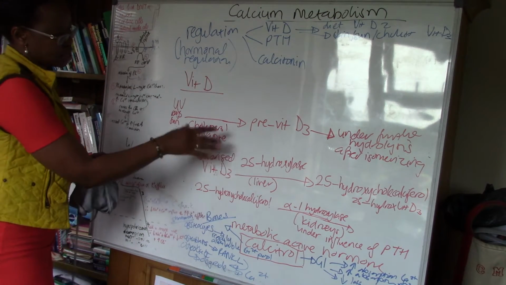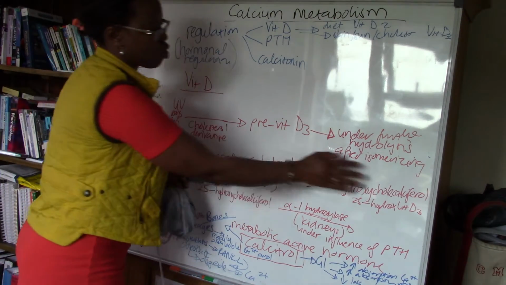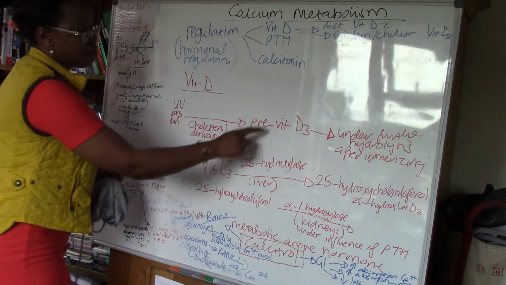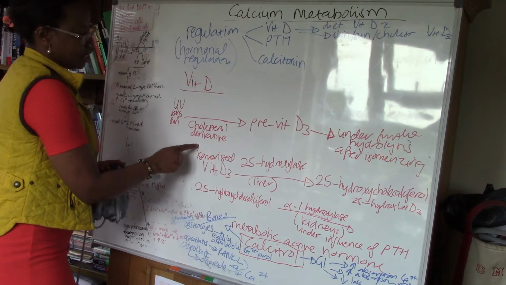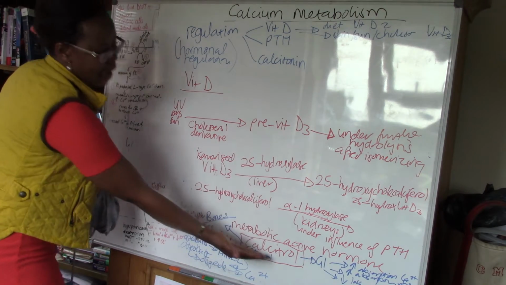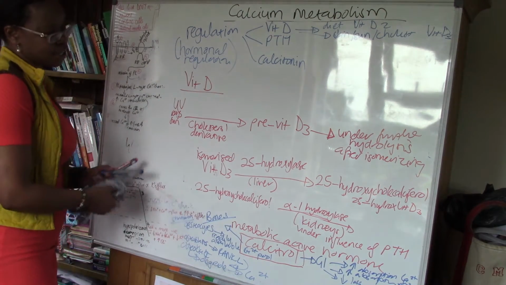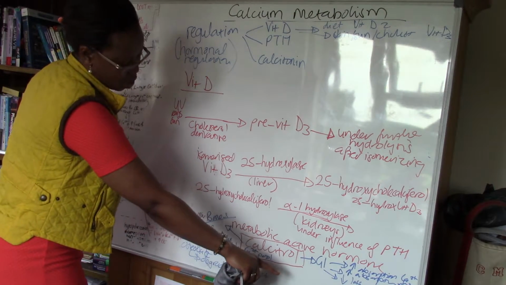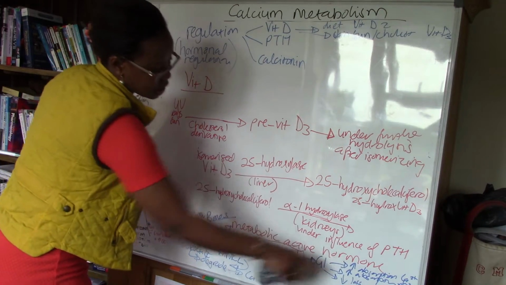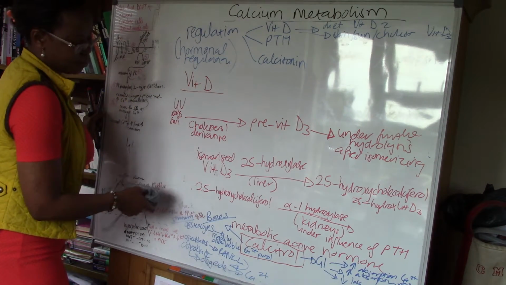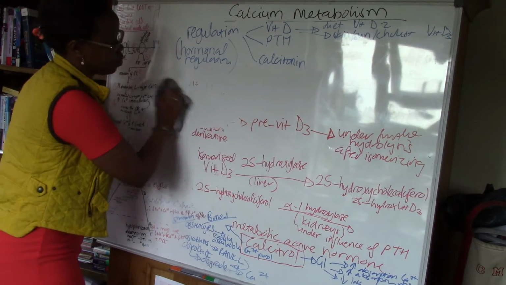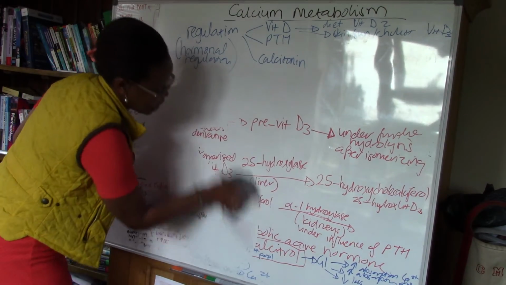But anyway, I really wanted to cover properly how vitamin D3 becomes the active hormone that then functions to regulate calcium, and where it actually works to increase calcium in the body.